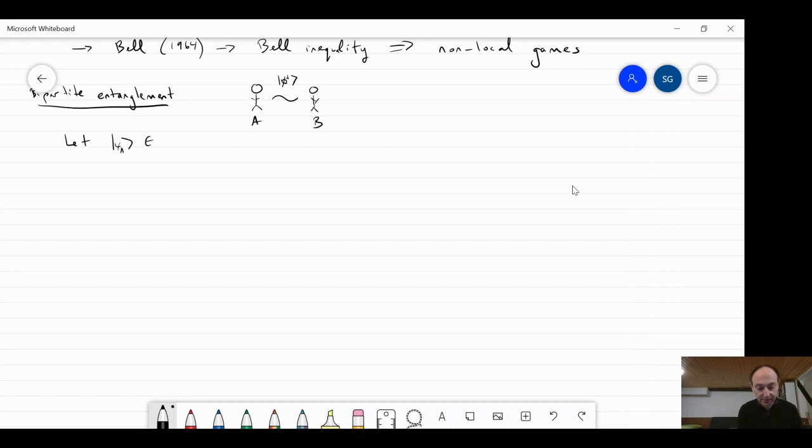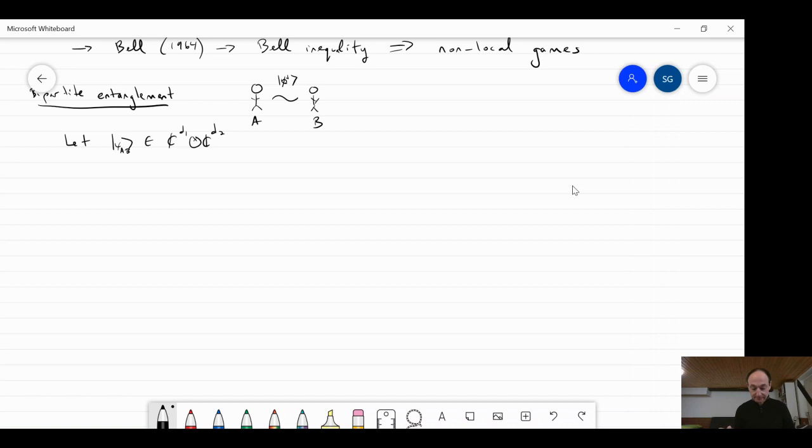Again, you can use indices 1, 2, or AB for Alice and Bob if you feel like it. It doesn't really matter. This is a state that lives in C^d1 tensor C^d2. The local dimensions, of course, don't have to match. Usually we like to think of d1 and d2 as being qubits.